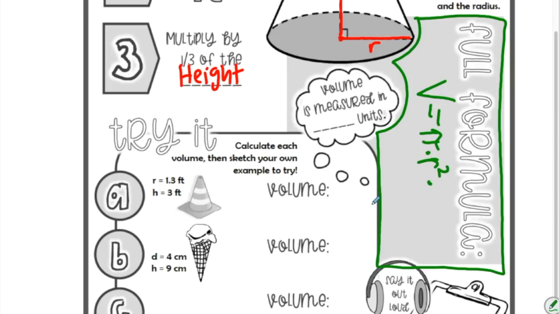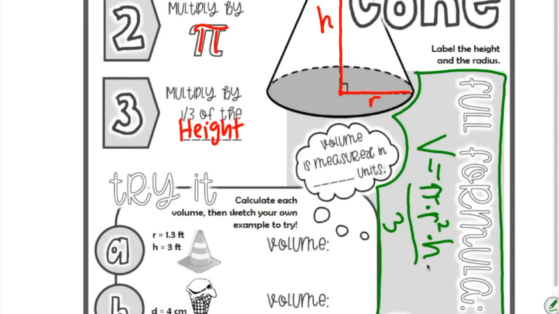I'm going to have you multiply by the height. And then when we said to take 1/3, when you take 1/3 of something, you are dividing it by 3. I'm going to have you multiply everything together and then take that and divide it by 3. That, to me, would be the simplest way for you to remember to divide by 3.